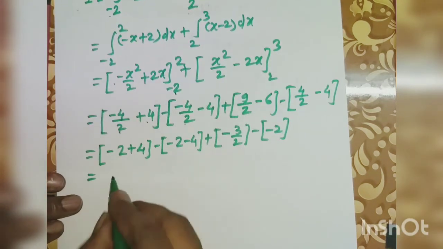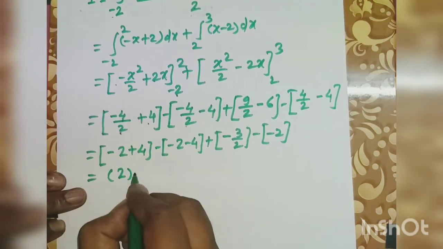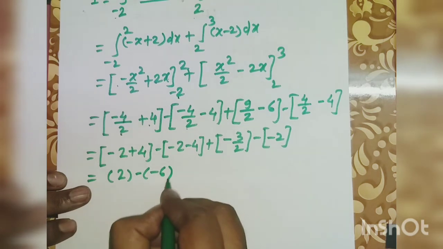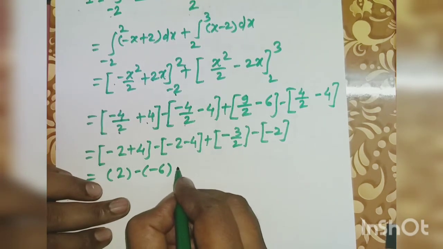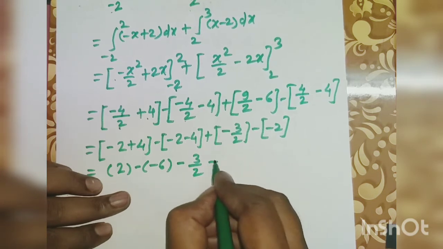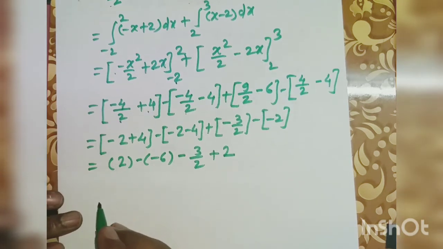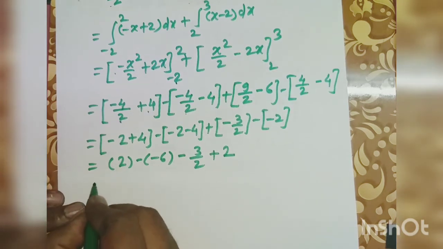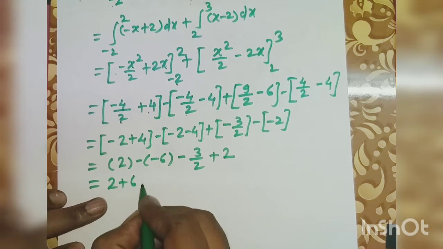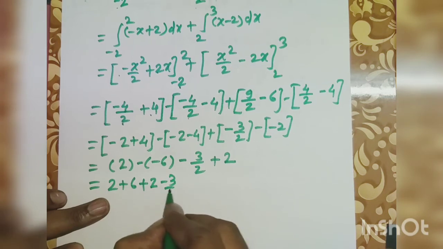Then its value is first bracket plus 2 minus 6 minus 3 by 2 minus plus 2. 2 plus 6 plus 2 minus 3 by 2.